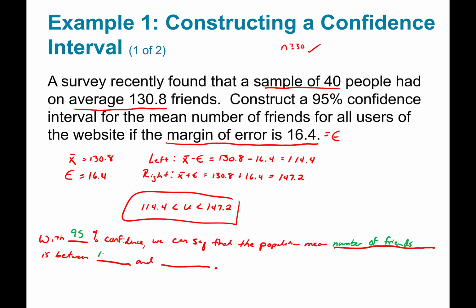So it's between 114.4 and 147.2 friends, or people, however you're measuring it. So always important to have those units too. Now in this case, because I already said it's the number of friends, and we're talking about friends, you don't necessarily have to rewrite friends at the end, but it's good practice if you're talking about something in different units.